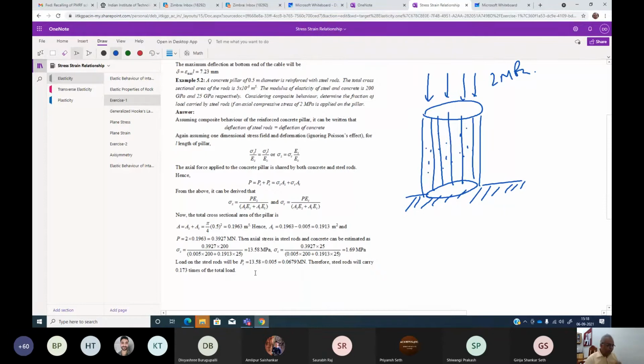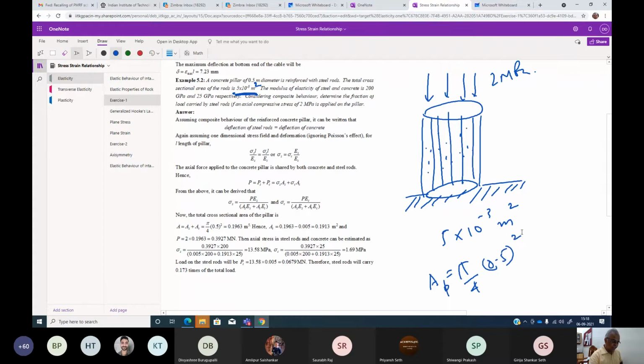Okay. So now what is happening is, you see the negligible area, it is taking 5 into 10 to the power minus 3 meter square. Okay, it's very little, and the total area is the total area of the pillar, pi by 4 times 0.5 squared, right?